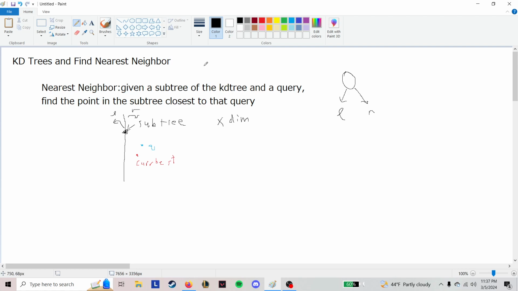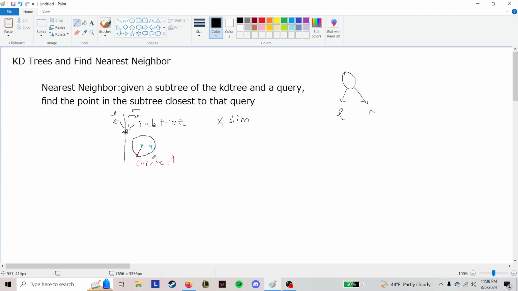Okay, if this is the current best point, then if there were any point better than current best, it would have to be inside of the circle with radius like the distance between the query and the current best. So I can imagine the circle being drawn around the query with a radius like this distance here.